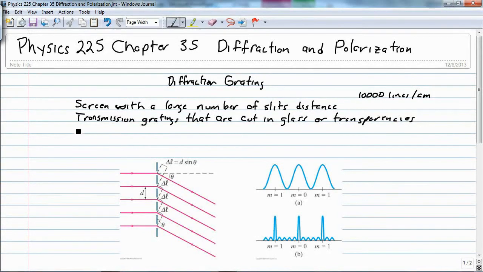And reflection gratings are in reflective surfaces.